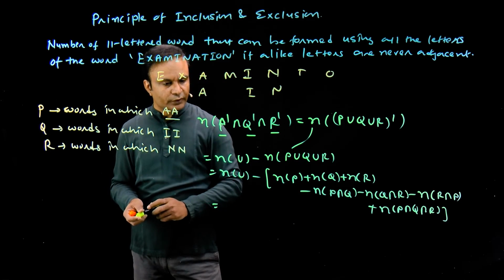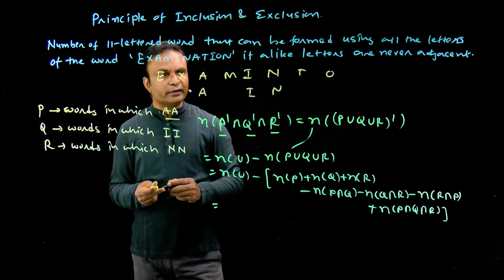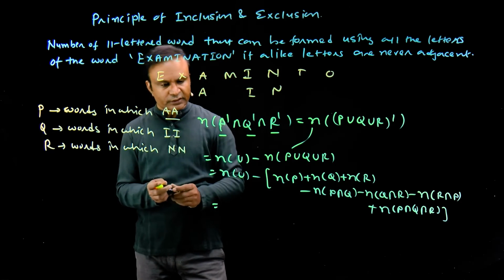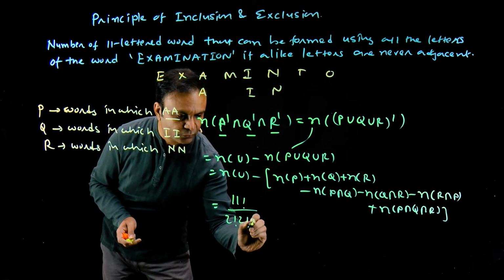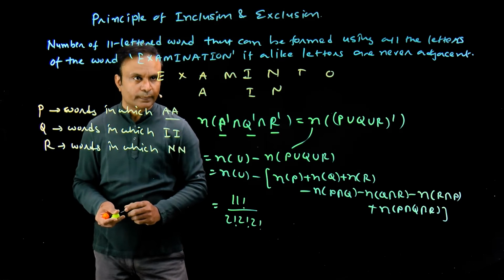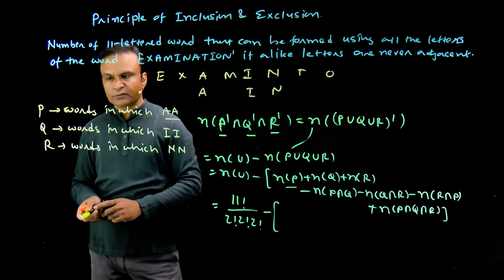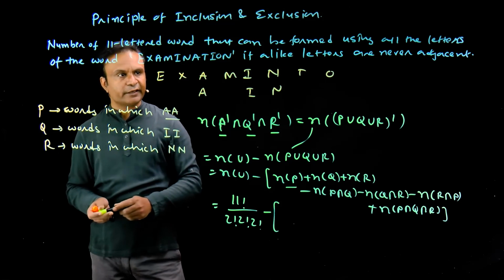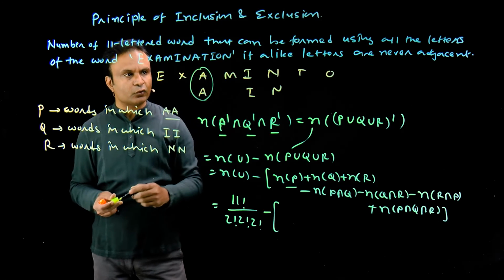NU, number of words when there is no restriction. There are total 11 letters in which we have 3 pairs. So this is equal to 11 factorial upon 2 factorial 2 factorial 2 factorial. Okay, minus this one NP. NP means words in which AA is occurring together. So I club this AA. मैंने इसका एक ग्रुप बना दिया.